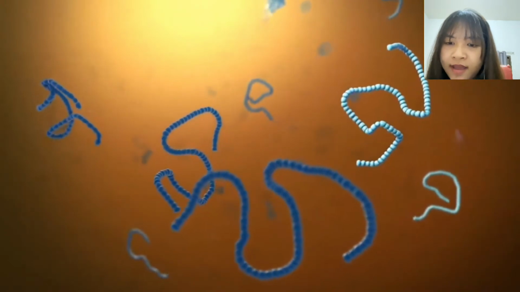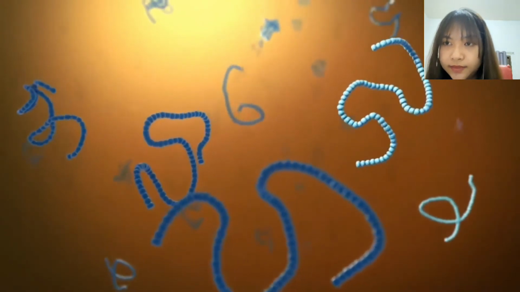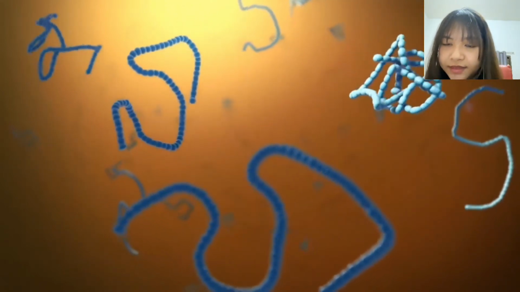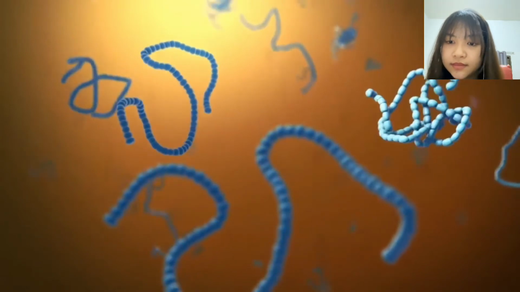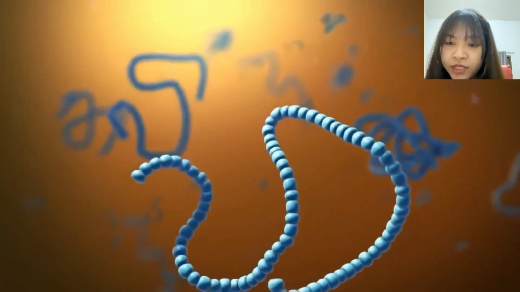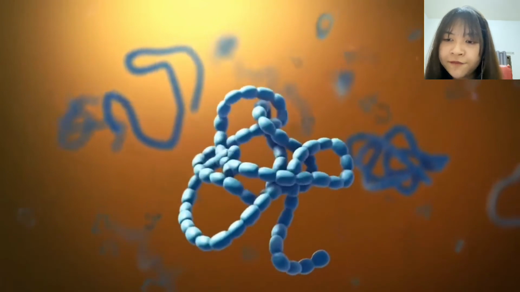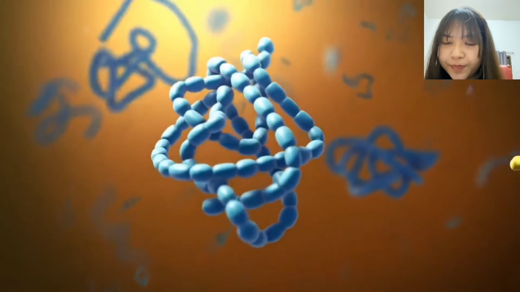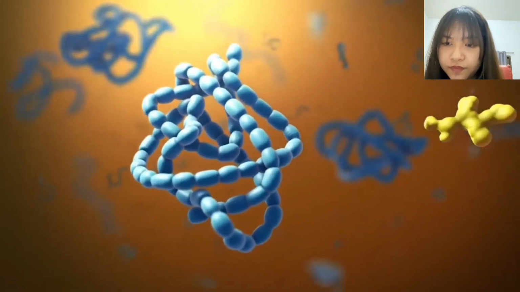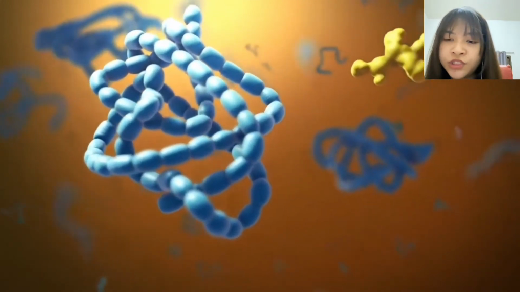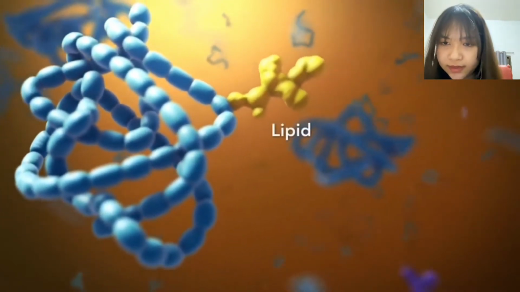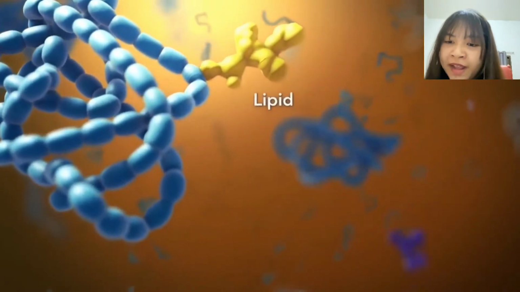As proteins move through the Golgi body, they are customized into the form that the cell can use. The Golgi body does this by folding the proteins into a particular shape or adding other materials onto them, such as lipids or carbohydrates.